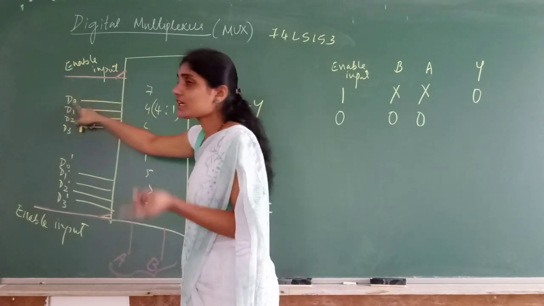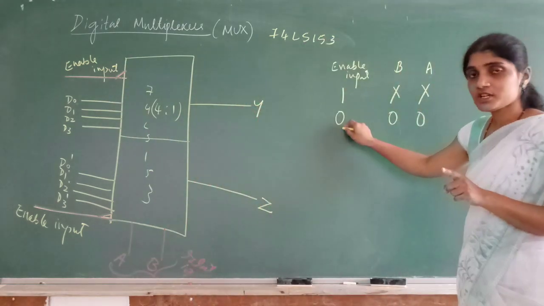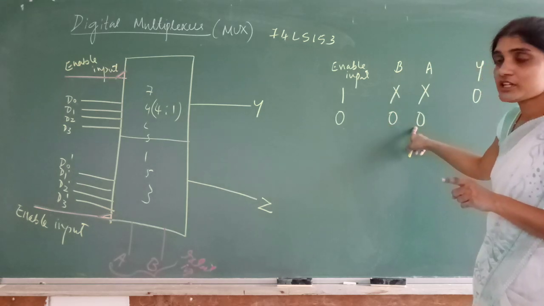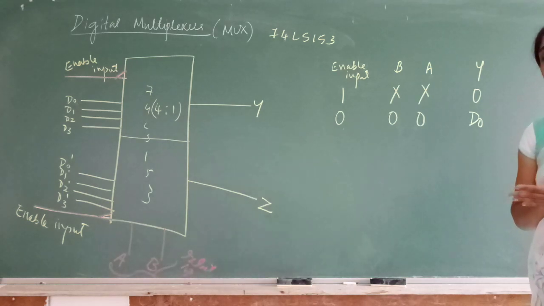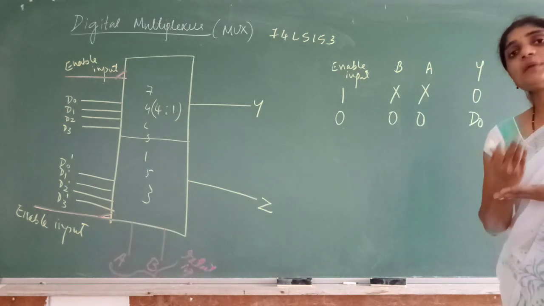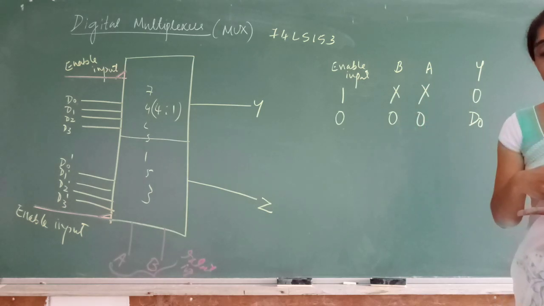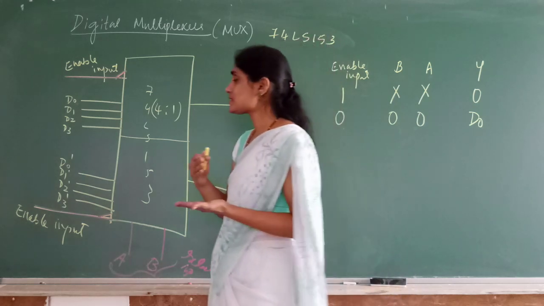If you give D naught as 1, you get 1. That is what the definition of multiplexer says.